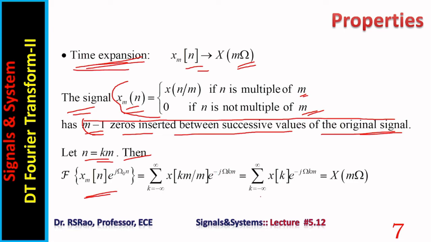It is equal to sigma k equal to minus infinity to plus infinity x of k e power minus j omega km. Now this can be identified as x of m omega. Hence transform of x m of n is equal to x of m omega.